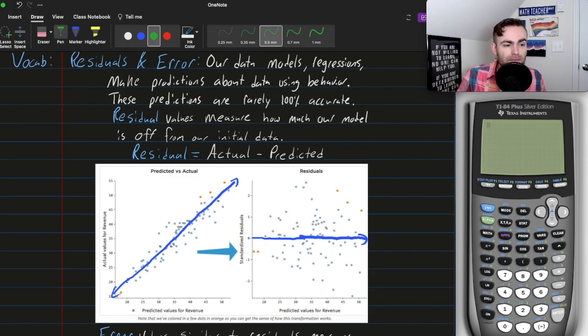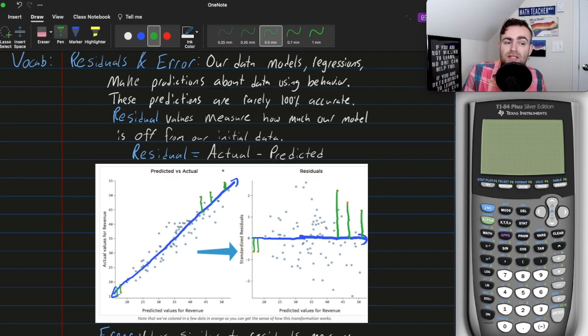If I look, for example, at this orange dot, the distance that orange dot is from the line is the y value of its residual plot. This point is a little bit higher, so it's a little bit higher in our plot. This point is even more off, so it is even higher. And it can be below. We have a point here that is below and a point here that is below, and those are there respectively. So that's how residual plots work. It is how far off you are from what we predicted.